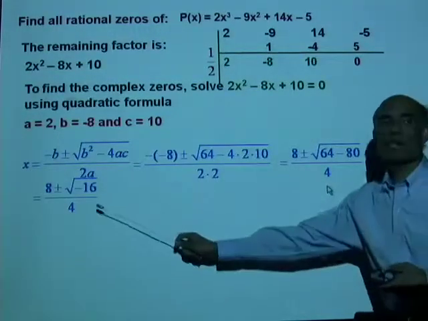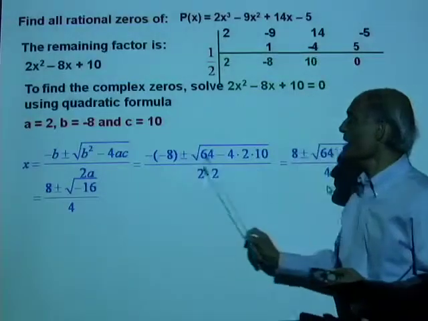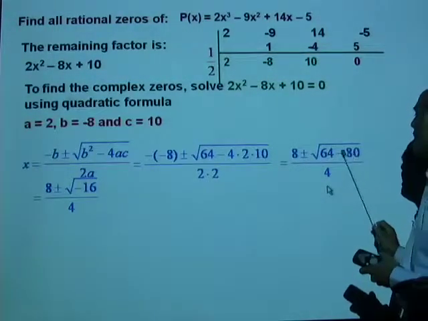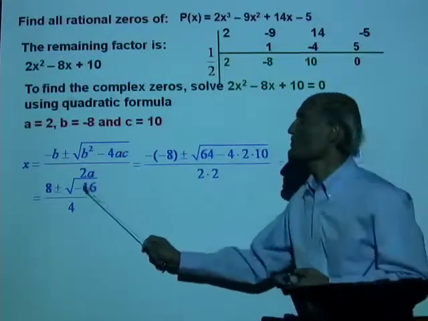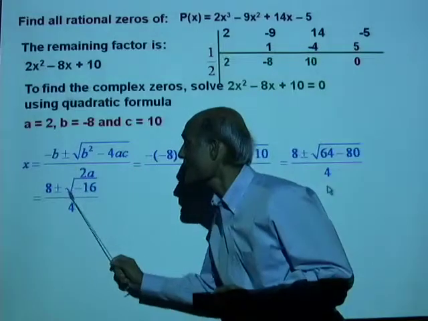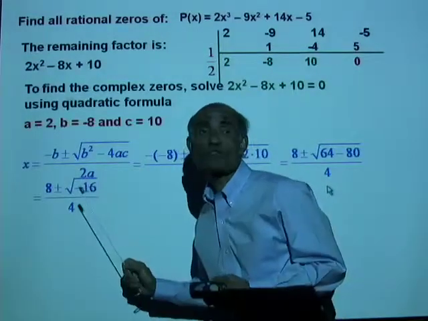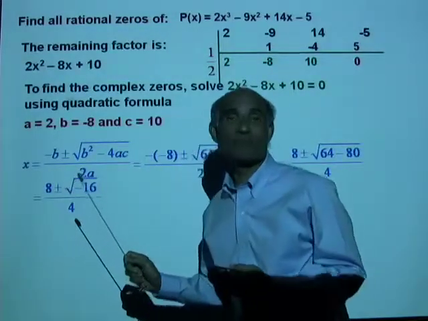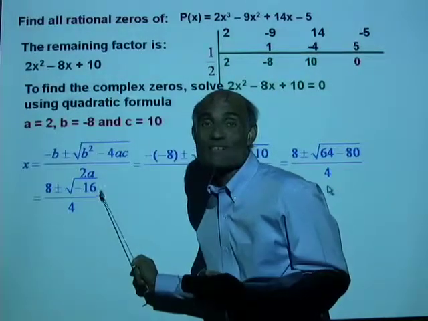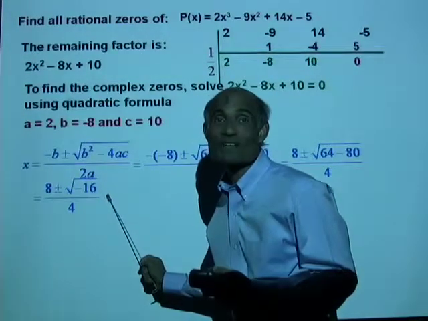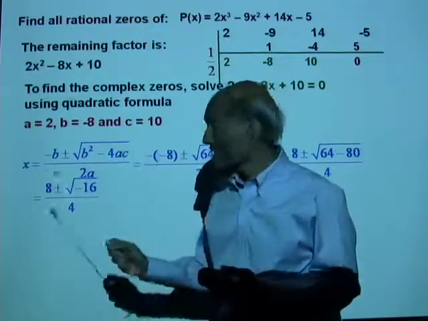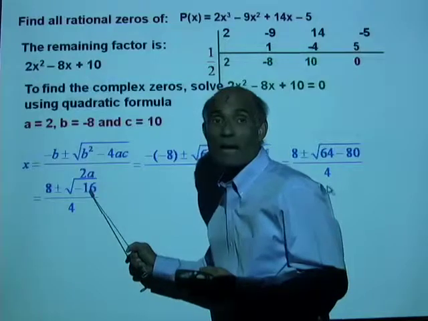And let's go over there now. That will be 8 plus or minus the square root of 64 minus 80, which is -16, divided by 4. Alright, you need to now tell me, what is the square root of -16? That will be the square root of -1 times the square root of 16, and the square root of -1 is your i, so that will be 4i.